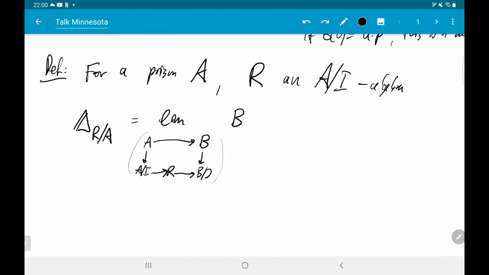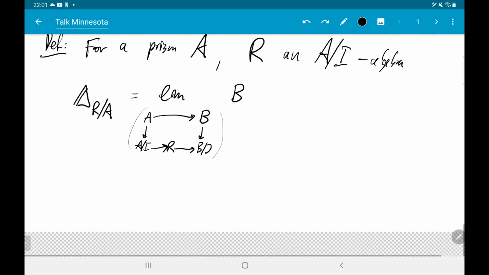But generally, what you should remember of this is that it somehow lifts stuff, right? You plug in an A mod I algebra, but it produces something that really lives over A in a canonical way.